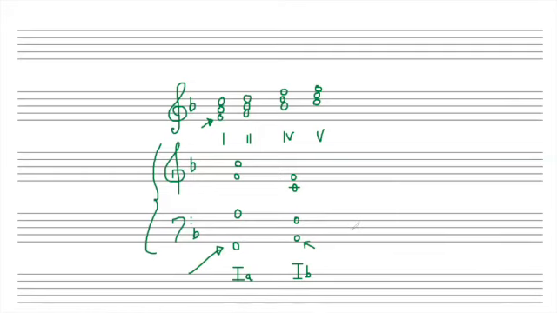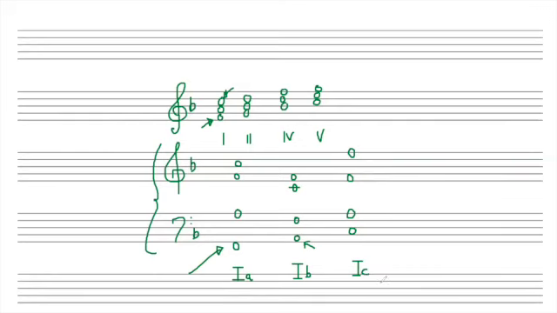If the lowest note in the music was a C, which is the third note or the highest note of our root chord, then it would be a chord 1C.